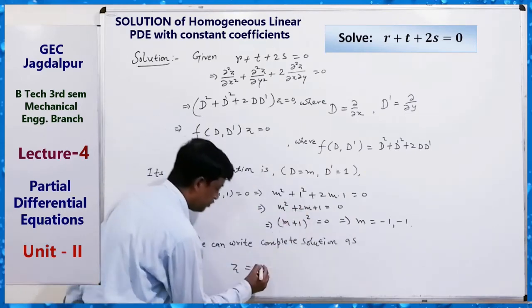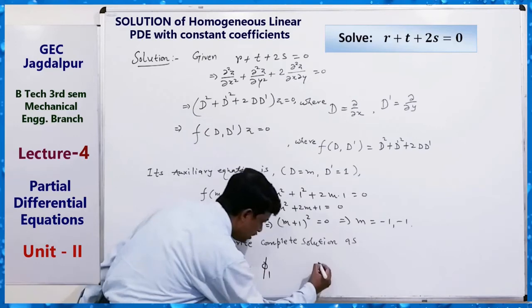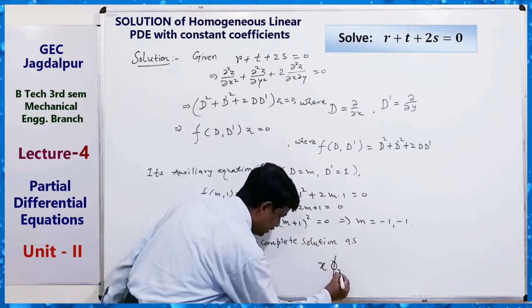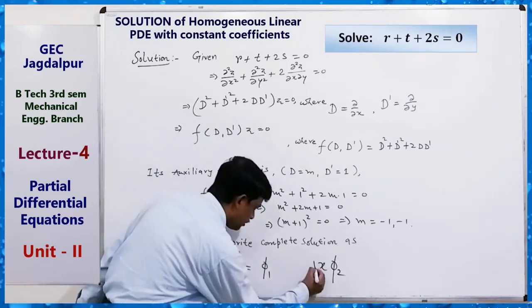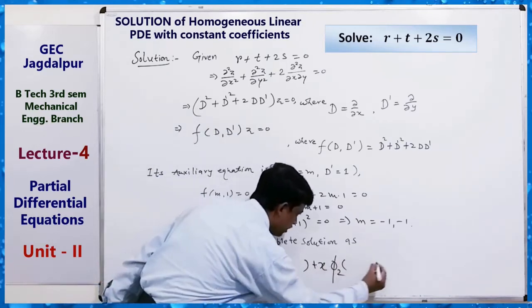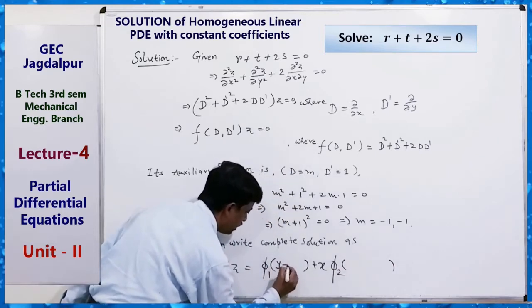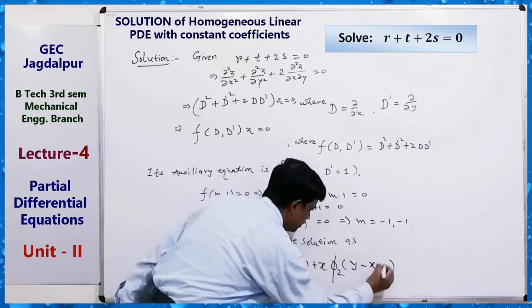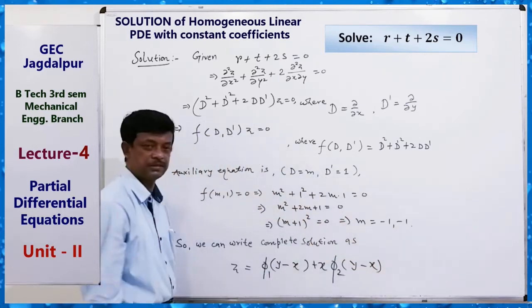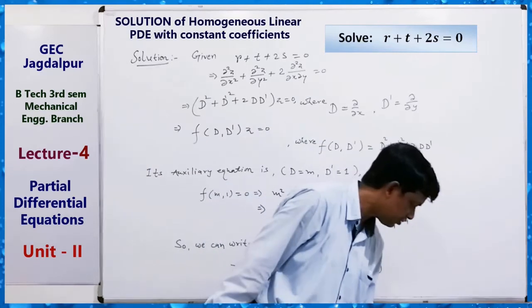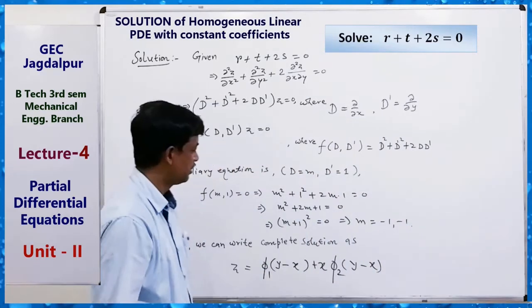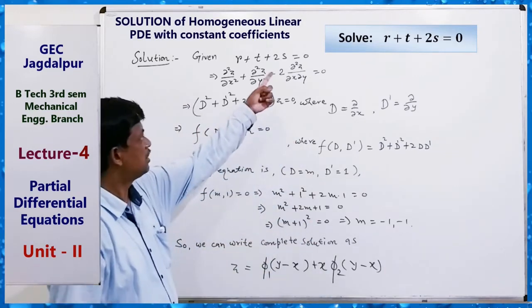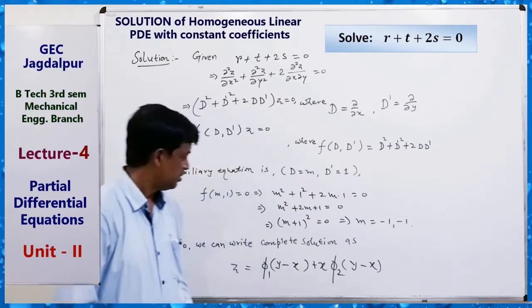So for the two roots, the first function, x to the power 1 for the second function, of the same combination, y minus 1x, y minus 1x. Clear? So this is the solution. For equal roots we can write this. Here also the right hand side is 0, only one part.